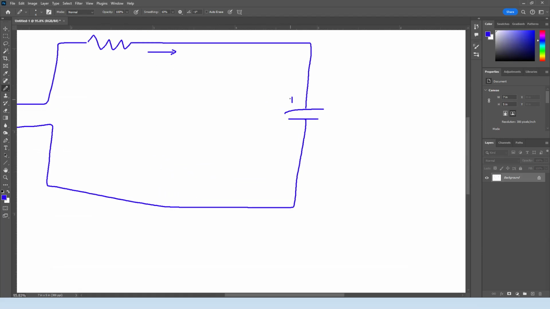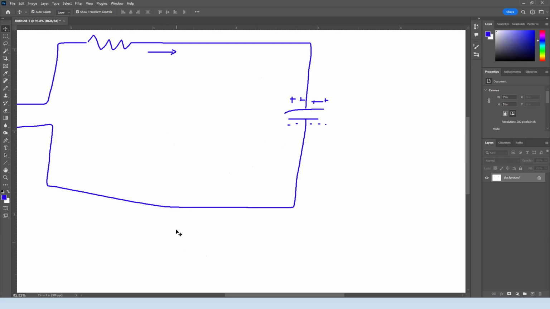We're going to get some positive charges accumulating here, and some negative charges gathering up here. They can't cross the line, because the capacitor consists of two plates separated by a dielectric, which is an insulator. So nothing can cross. They're just going to gather up here, and here, as they keep charging.